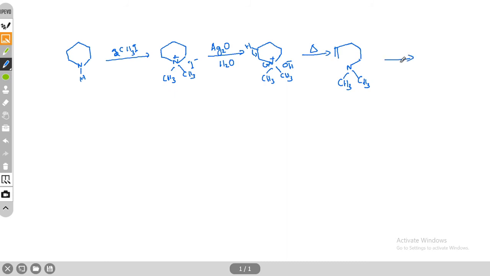This is again treated with CH3I. Then we will get a quaternary ammonium salt, CH3.